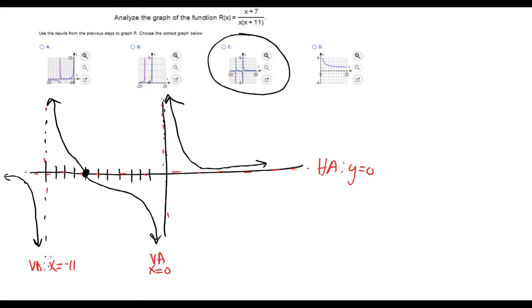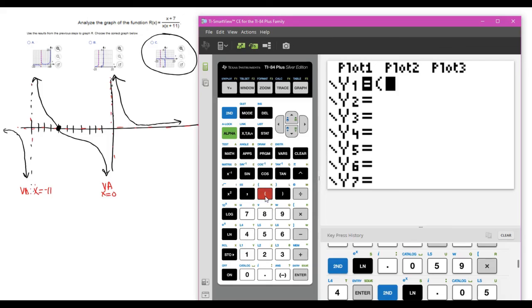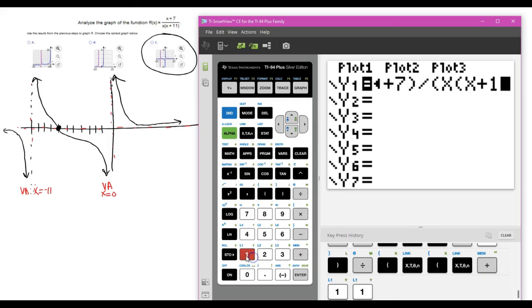Now let's take a look with the graphing calculator. With my calculator, I'm going to type the function in the y equals menu, making sure I put parentheses around the numerator and denominator. I've got parentheses around my numerator of x plus 7, parentheses around my denominator of x times x plus 11.